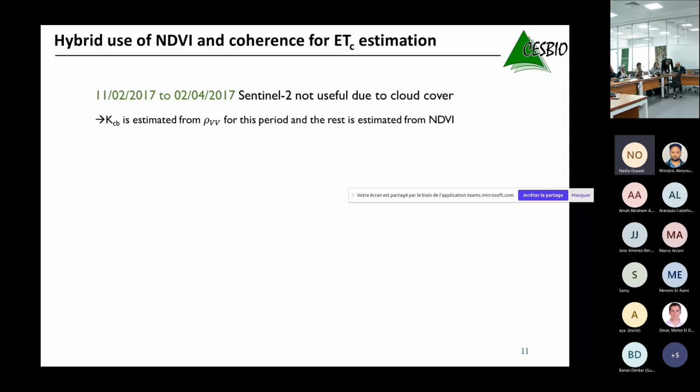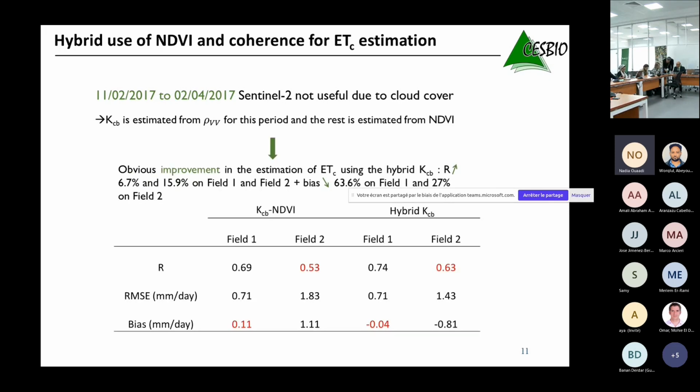So what we did is that we computed the crop coefficient from the interferometric coherence for this period when Sentinel-2 images are not available, and estimated the crop coefficient for the rest of the season using the NDVI. And the results are presented with statistical metrics in this table for the method using NDVI and for the hybrid approach, for field 1 and field 2.